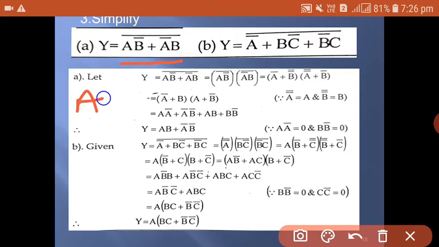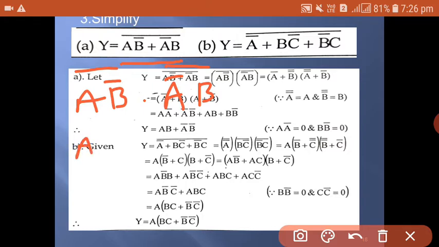That is nothing but (a b bar) whole bar into (a bar b) whole bar. So again this is of the form (a b) whole bar, which is equal to a bar plus b bar.